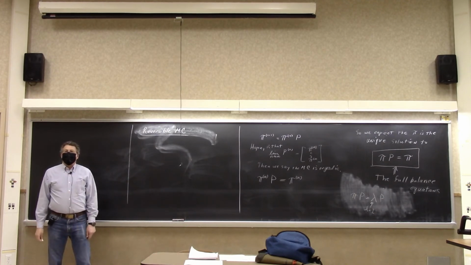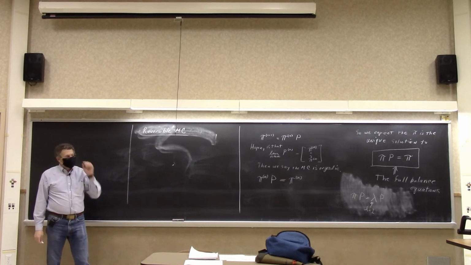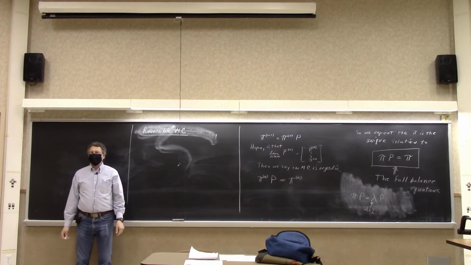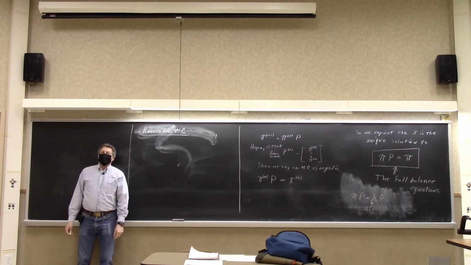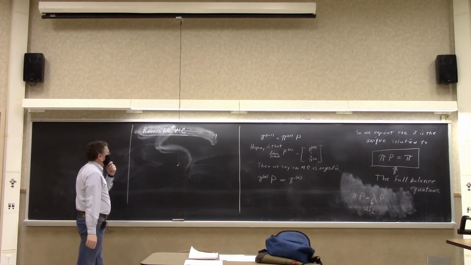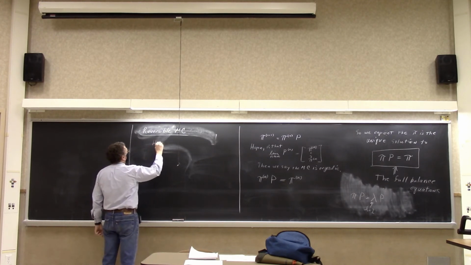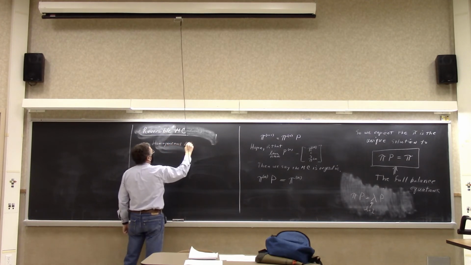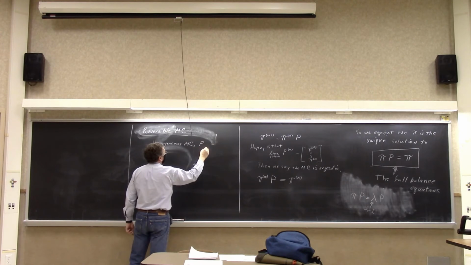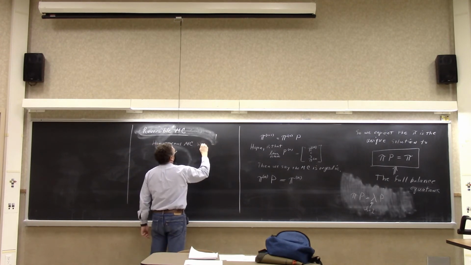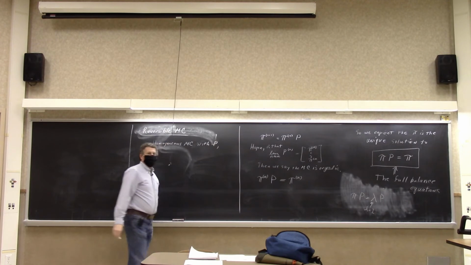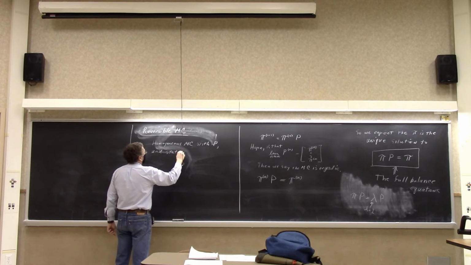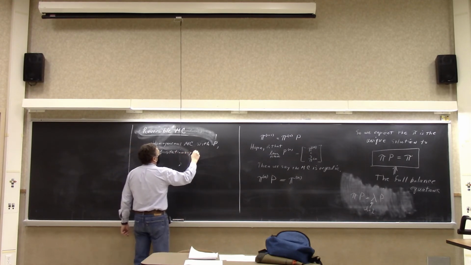So, reversible Markov chain. What is a reversible Markov chain? It's a little bit funny in terms of the definitions, but you'll see it makes sense in the end. Let's say we have a homogeneous Markov chain with transition probability P and stationary distribution.